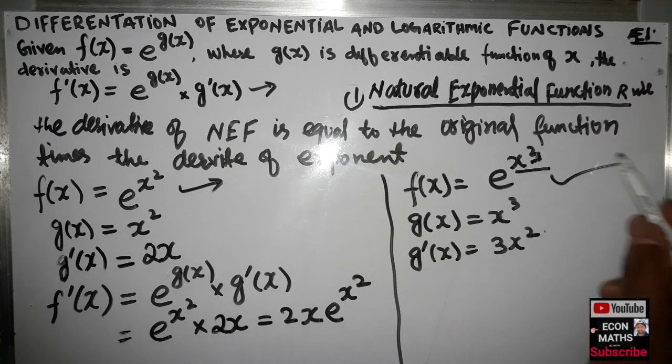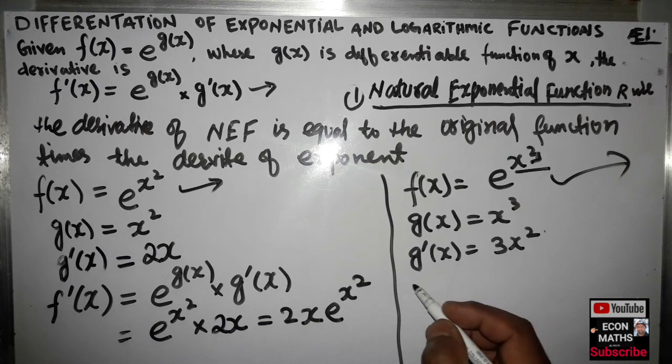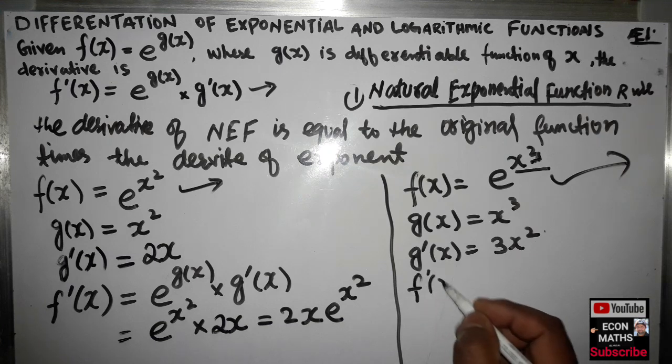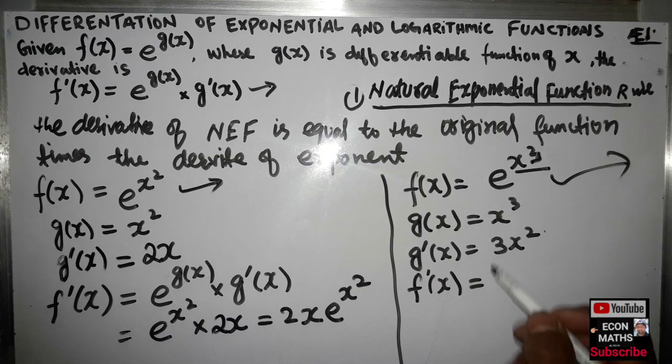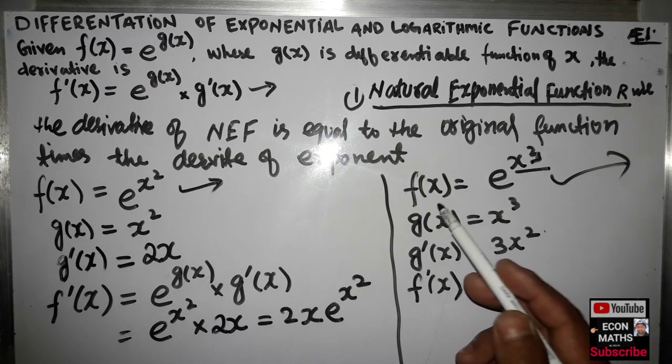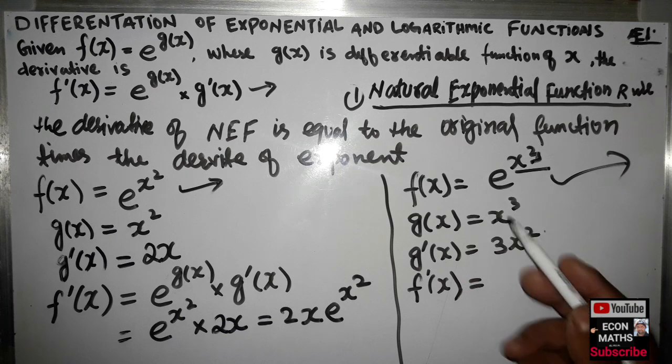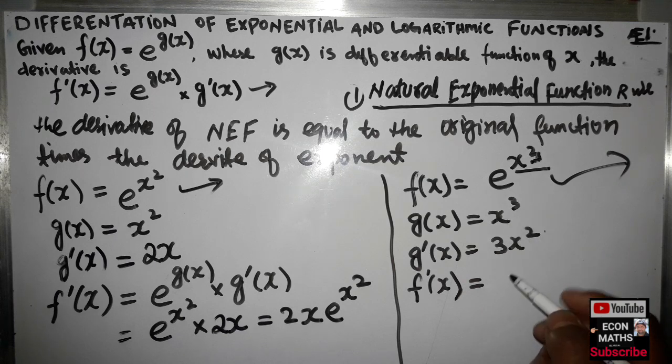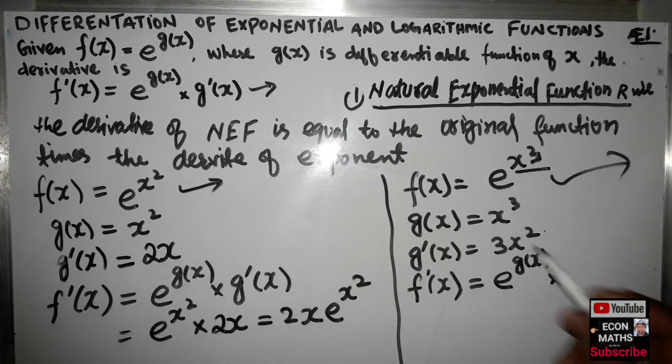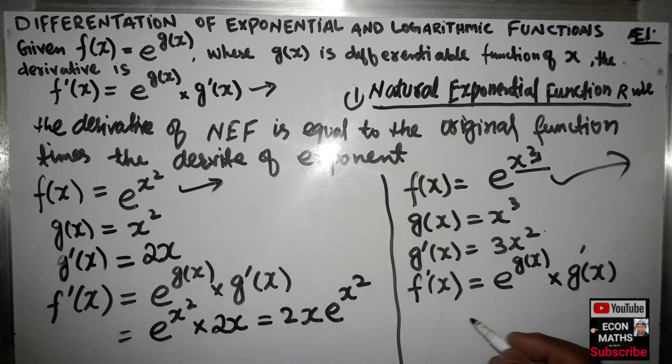Now the differentiation of this will come out, that is f dash x is equal to e to the power g of x, the original function, times this g dash x. Now we will insert the values.